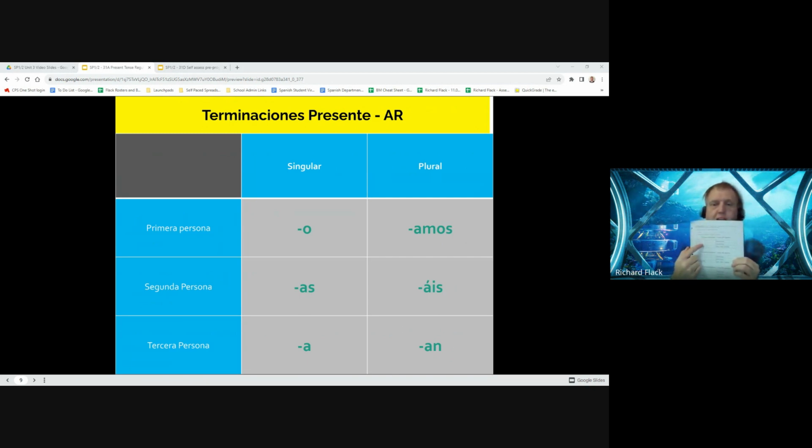So go ahead and fill that in on your sheet. As. Tercera persona, a. First person plural, nosotros amos. Ais, an. So fill out your chart right here for your AR verbs.